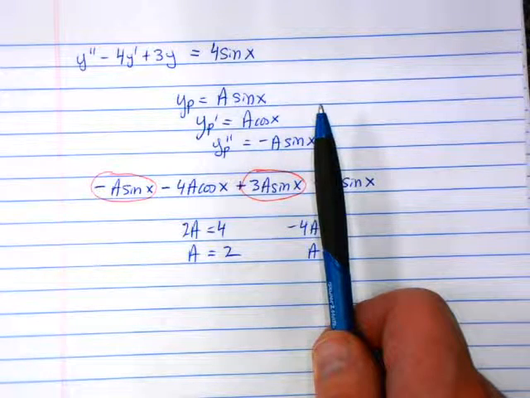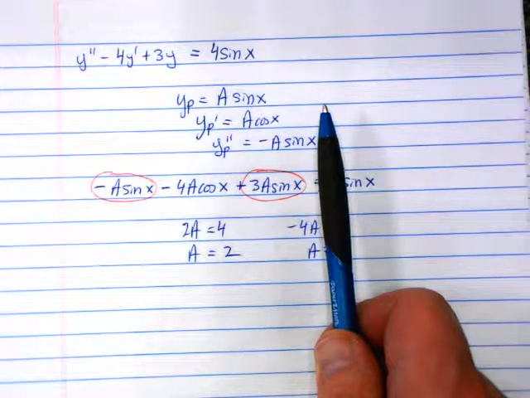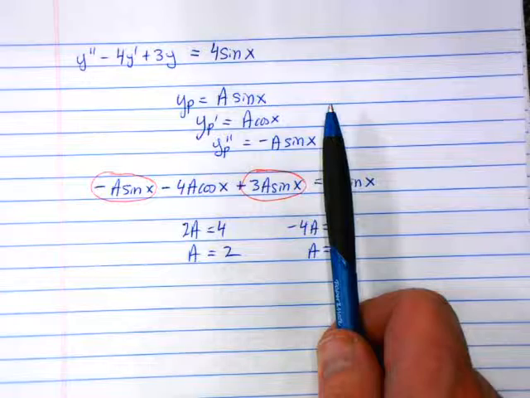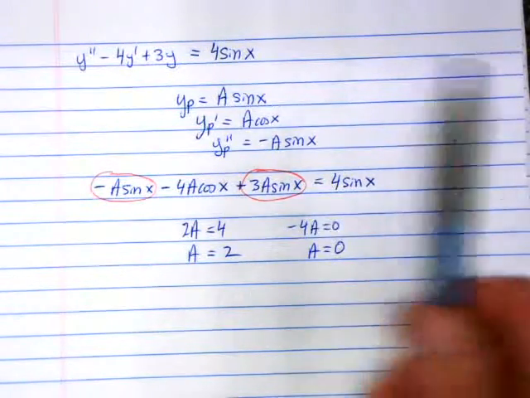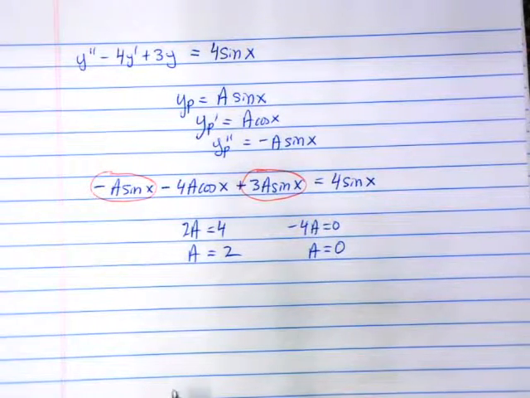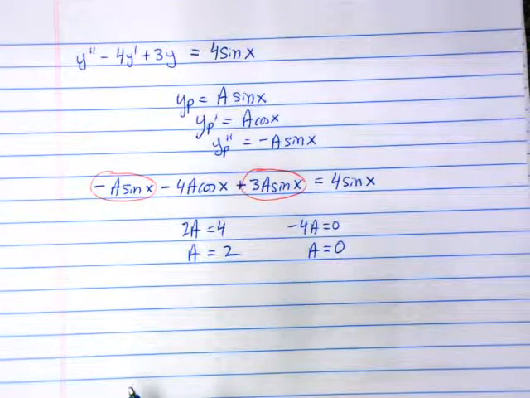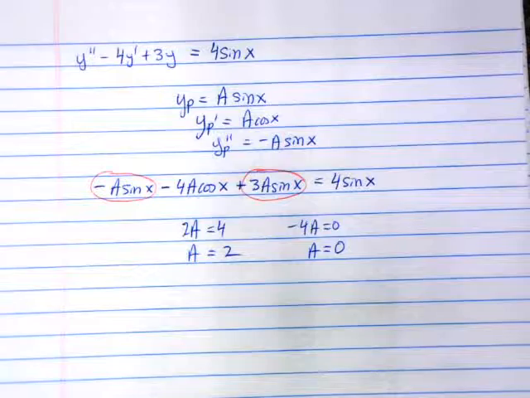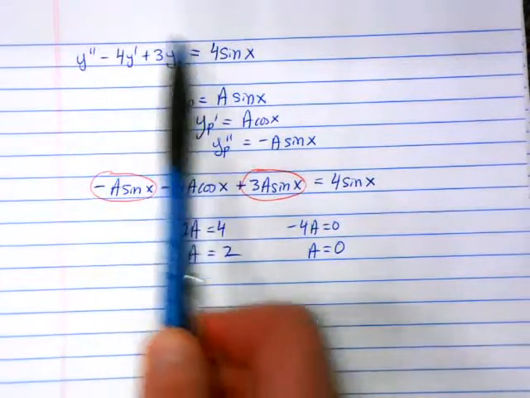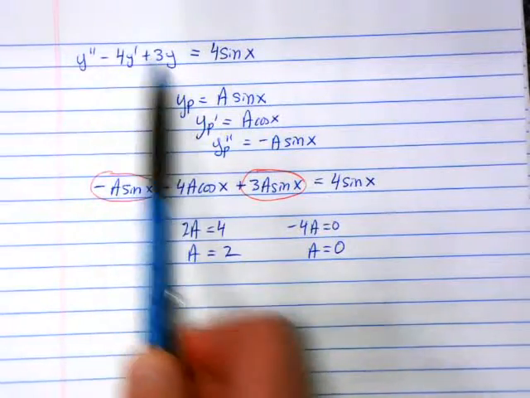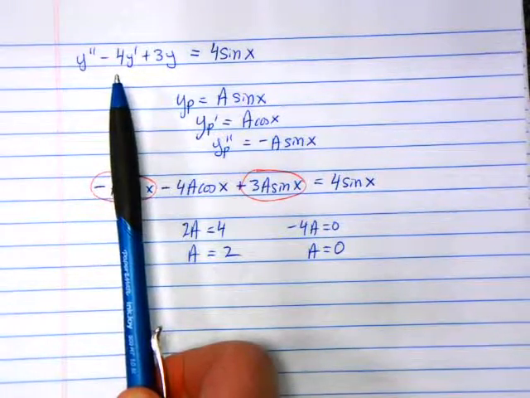Like C1 cosine and C2 sine. So one of them was C1 and one of them was C2? Okay, so that's what we're looking for? Right, not like the a plus bi. Correct, that's not what we're looking for. Typically, the standard notation is when you're finding the complementary solution, you use little letters for y sub c.